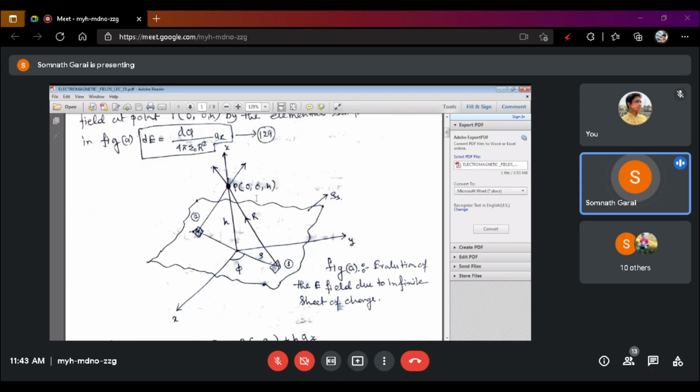Now, if this vector is in a rho distance, so we have to calculate this vector r with respect to cylindrical coordinate. Now, from this point, if we go to that point, so first we have to go from this point to this point. That means from one point to origin point, then origin point to P point.